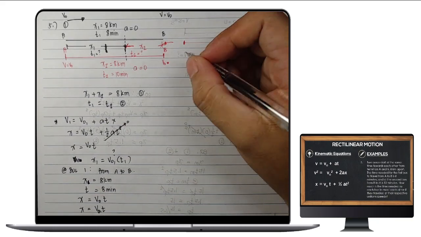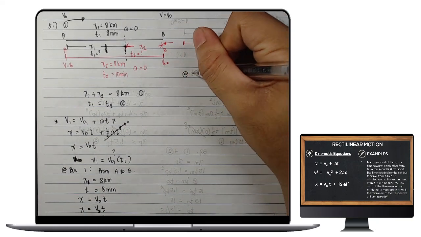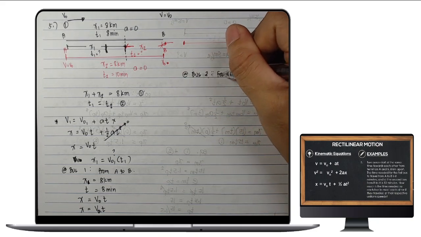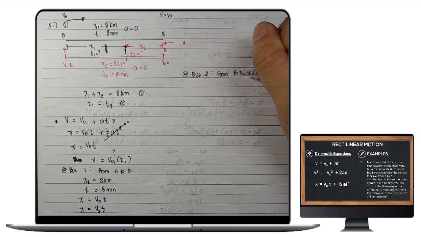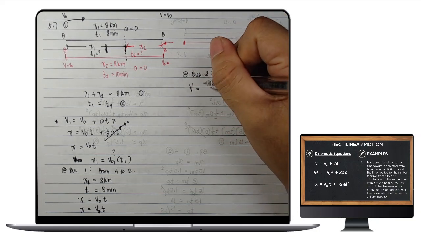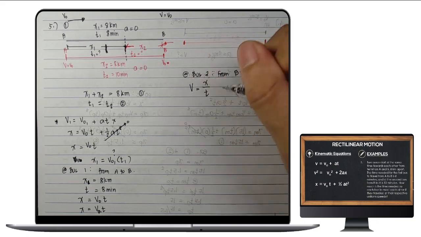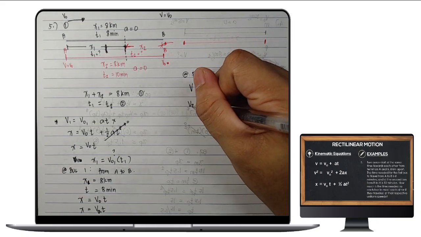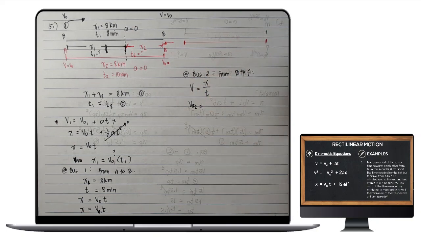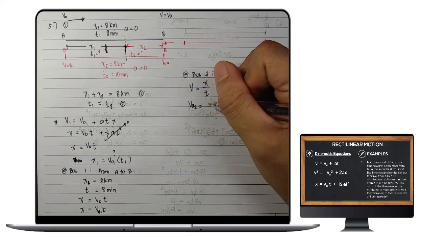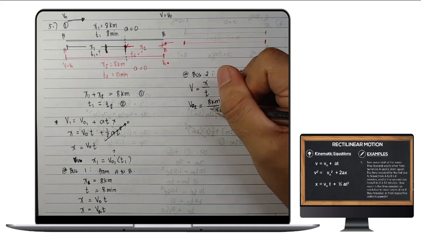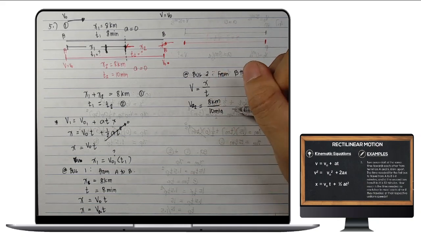So let's consider bus number 2. So at bus number 2, from B to A, let's use the same formula. Velocity is equal to x over time. Therefore, the initial velocity of bus number 2, or its velocity since it is constant, is its x, which is 8 kilometers per 10 minutes.